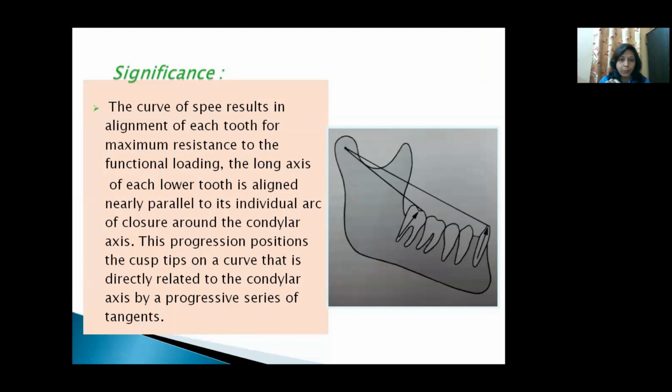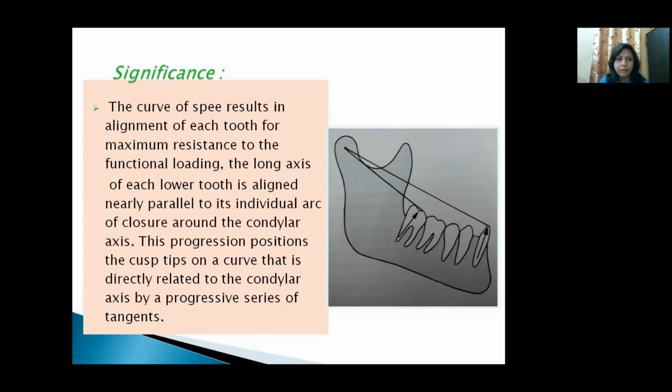This progression positions the cusp tip on the curve that is directly related to the condylar axis by a progressive series of tangents, and it is a curve which displays in the sagittal plane, or anteroposterior curvature.